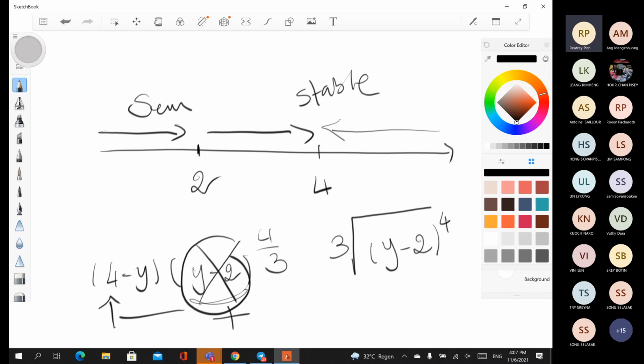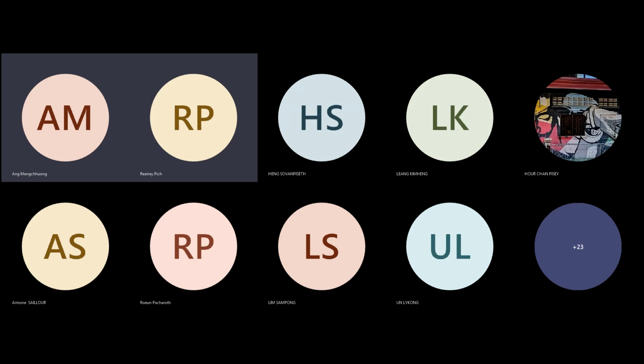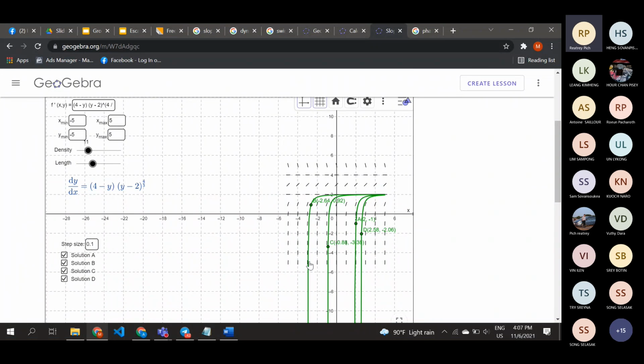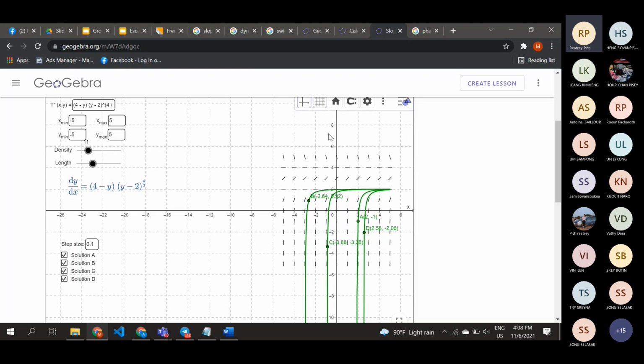To see our graph, can you see your graph again? I see. Okay, the slide. Can you see number 2? At number 2, you see it is a kind of trying to reach the critical value, but you cannot identify whether it's stable or not. But you can see the flow above.